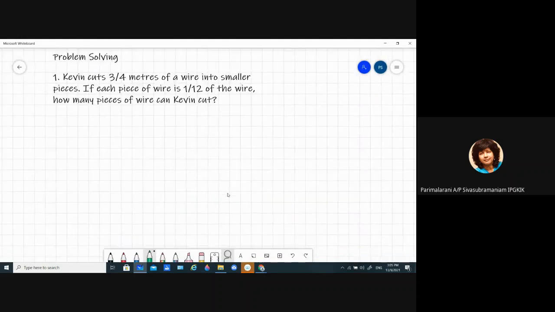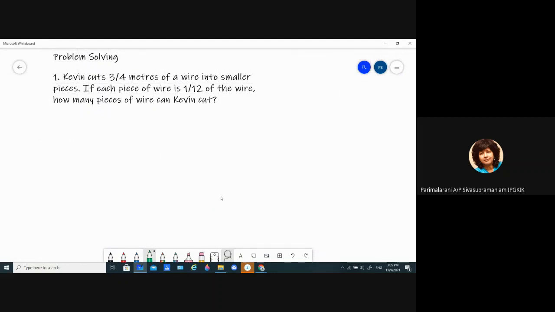Okay, first question. Kevin cuts 3/4 of a meter of a wire into smaller pieces. If each piece of wire is 1/12 of a meter, how many pieces of wire can Kevin cut? Let's draw this out.